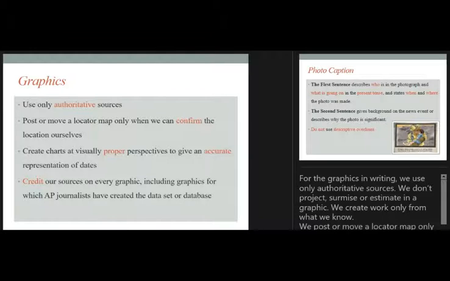And the information must be clear and concise. We don't kill or alter data to fit a view. And we credit our sources on every graphic, including graphics for which AP journalists have created the data set or database.